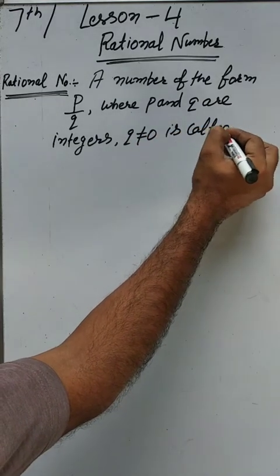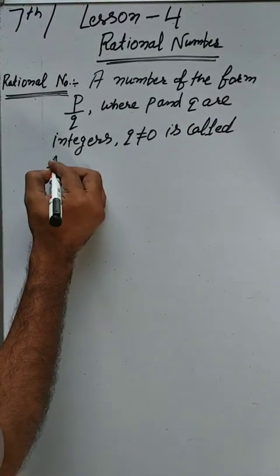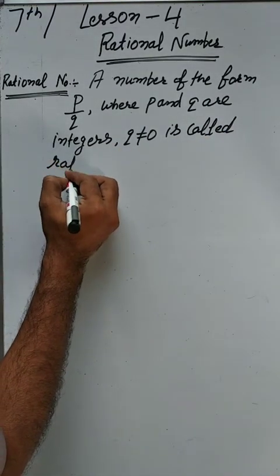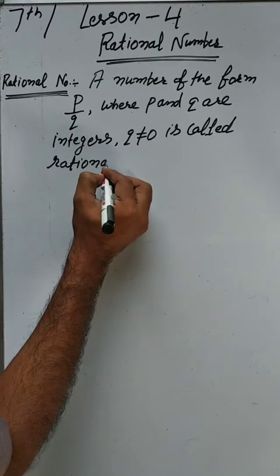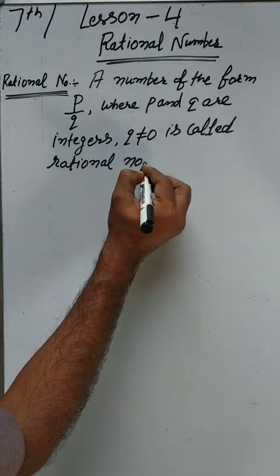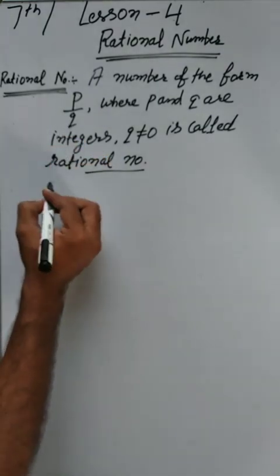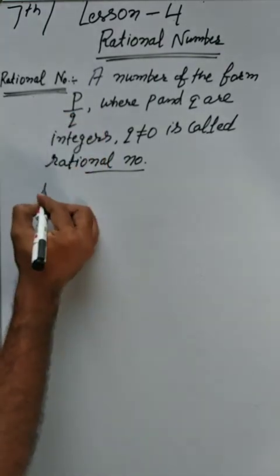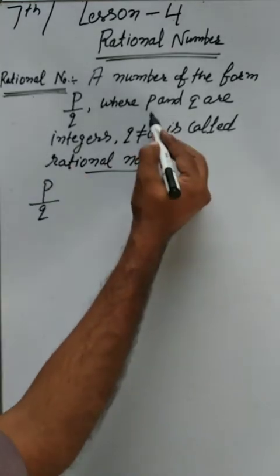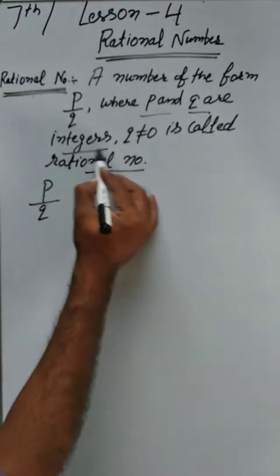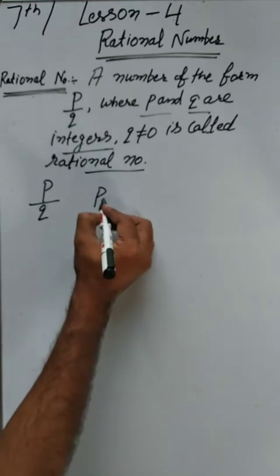This is called a rational number. A number of the form P upon Q, beta. P and Q should be integers.